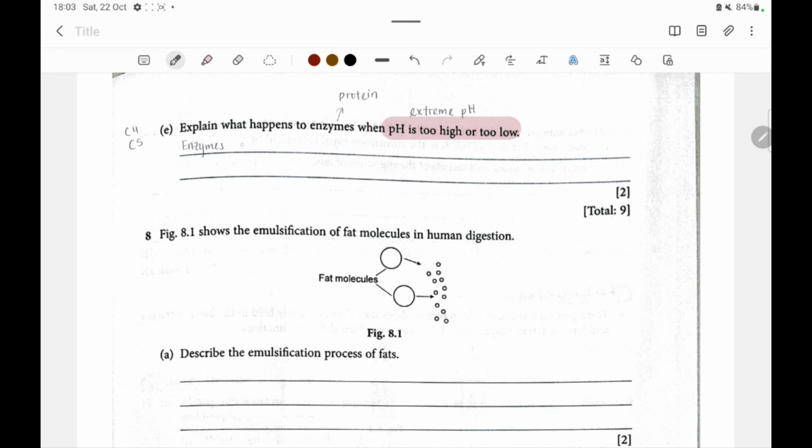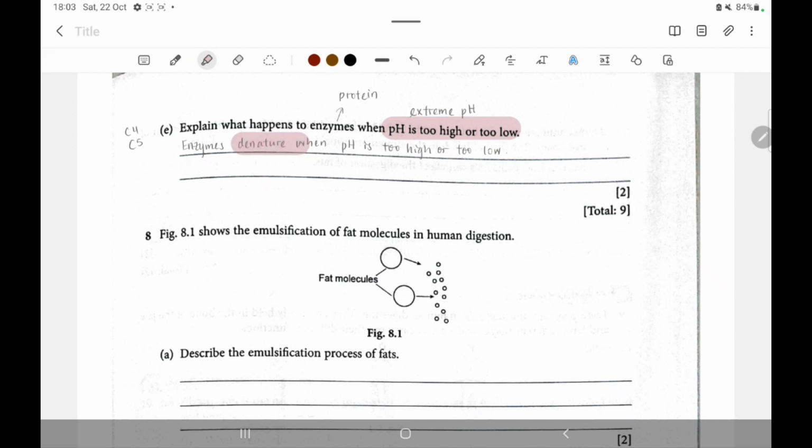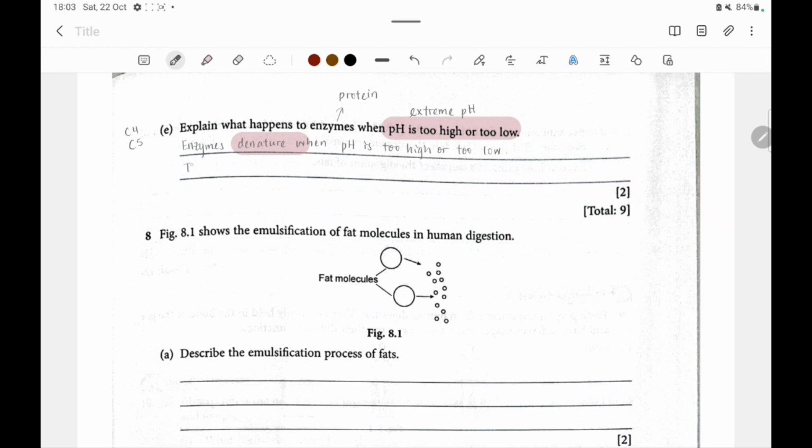Enzymes denature when pH is too high or too low. This one you will get your first point from denature. And then after that, this changes the shape of its active site.